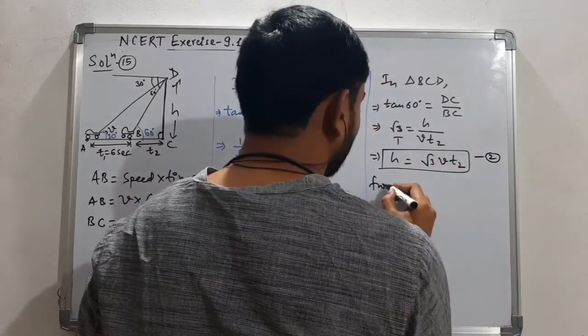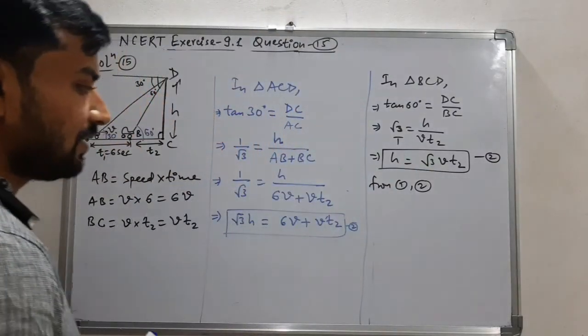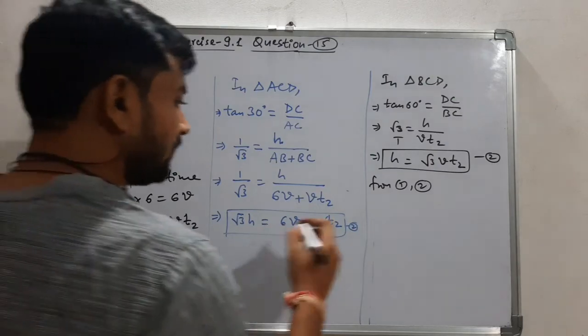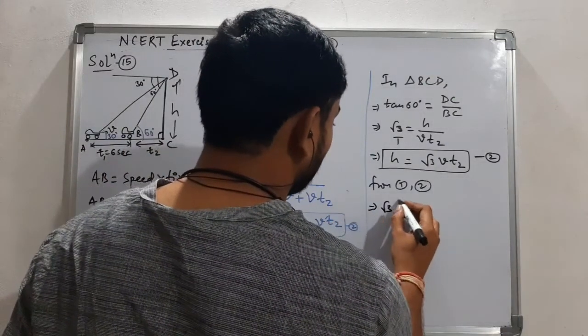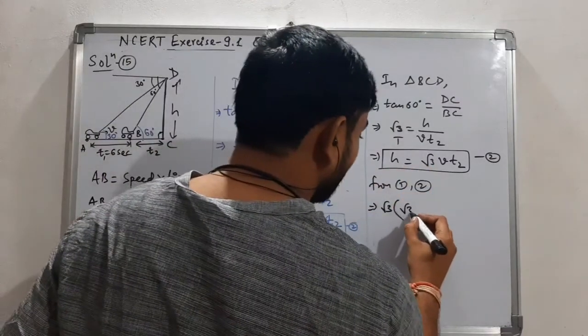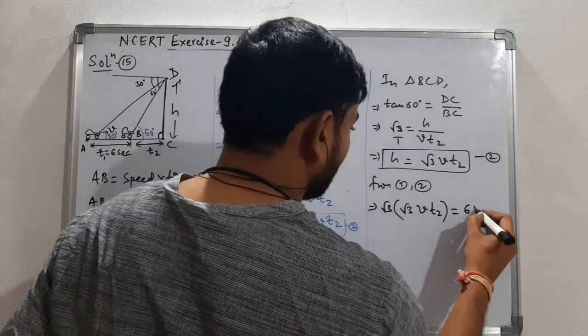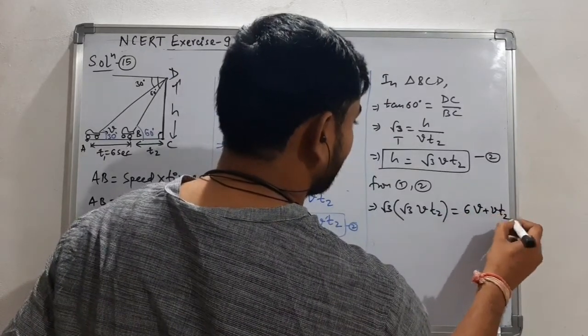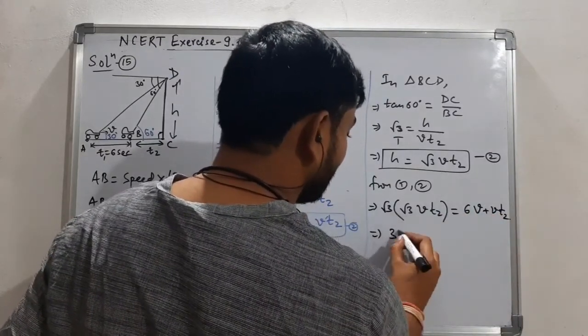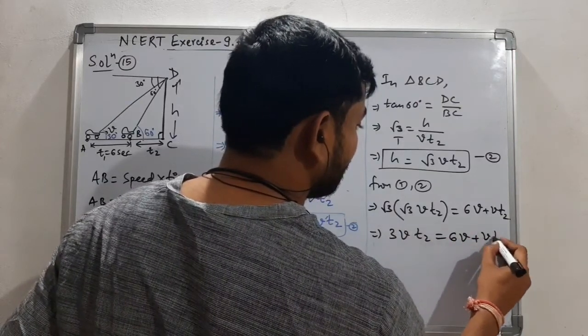Now from first and second we can eliminate H so that we can find out the value of T2. So I am using root 3 VT2 in place of H here, that is root 3 VT2 is equal to 6V plus VT2. Here this will be 3VT2 is equal to 6V plus VT2.